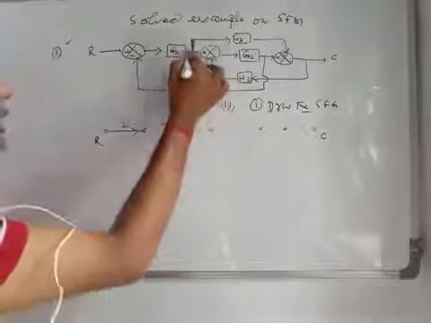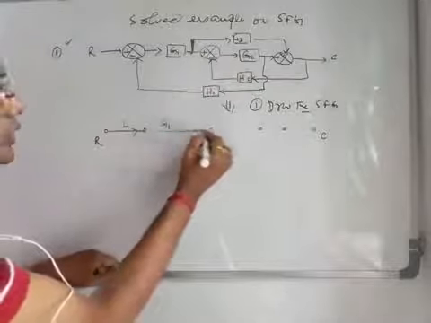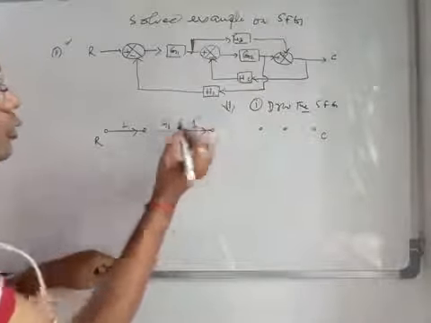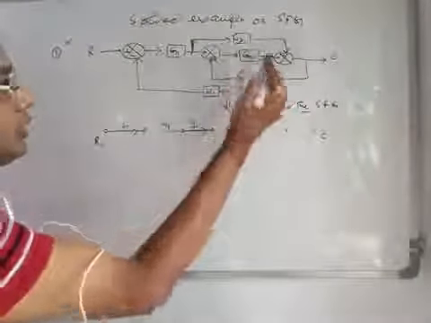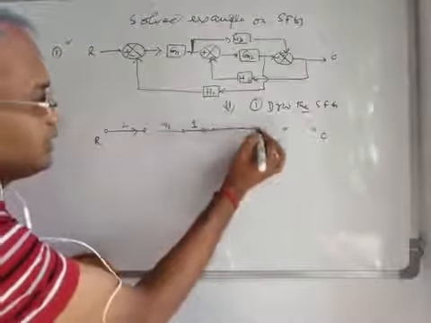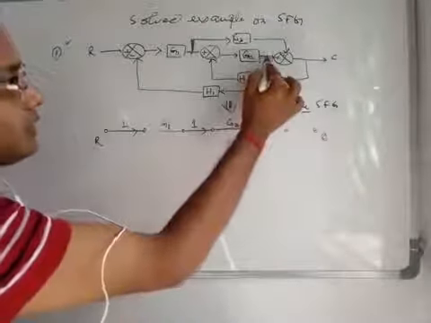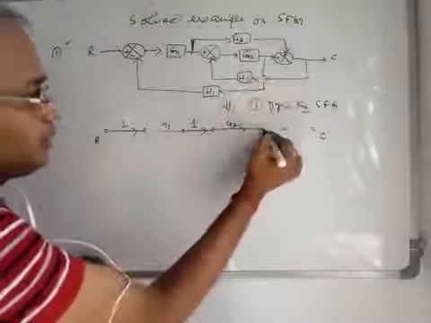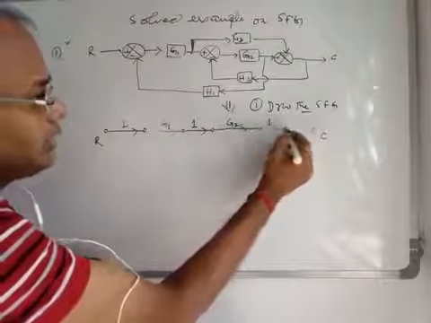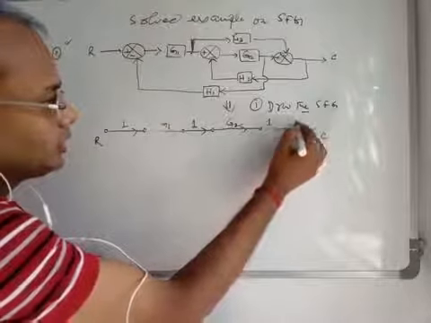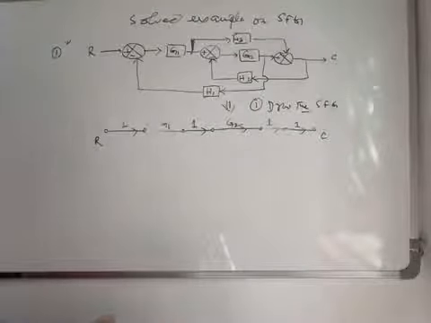And next, this point to this point, these two points will have gain 1, and next this node to this node, the branch gain is G2. Next this node to this node, the branch gain is 1, and again here to the output node, you will also get branch gain of 1, right?